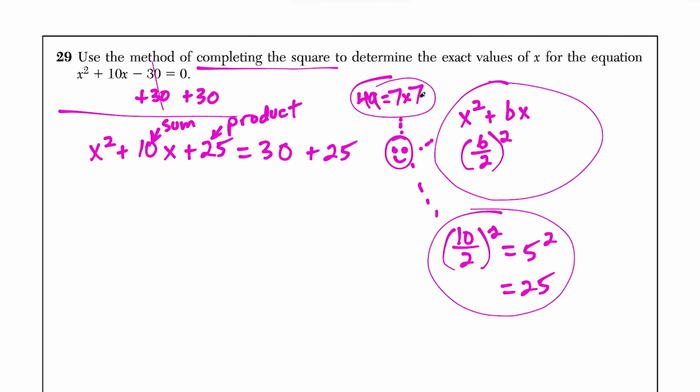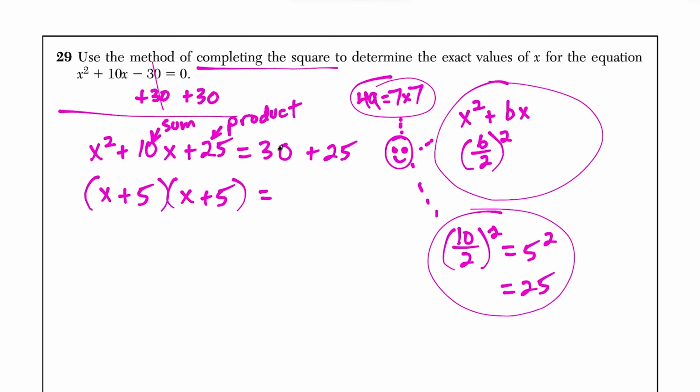It's a number that can be expressed as the product of two matching factors. That's what makes 49 a perfect square. So here, what two numbers have a sum of 10 and a product of 25? Well, 5 plus 5 is 10, and 5 times 5 is 25. So we could write the left side as x plus 5 times x plus 5. Here are the matching factors that turn this into a perfect square trinomial.